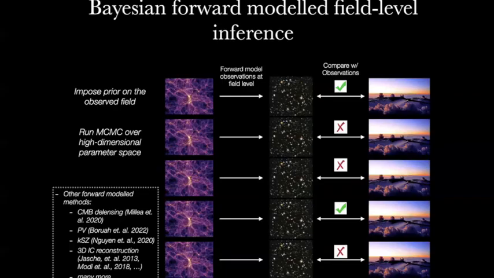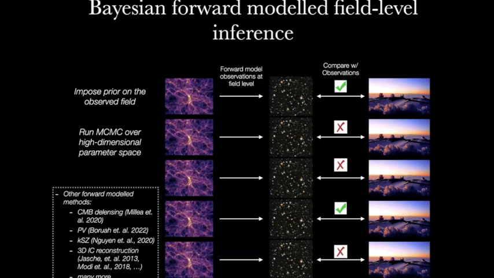So the way field-level inference works is something like the following. We start off by imposing some prior on the field that we're interested in, for example, the underlying density field that we want to infer. Then we forward model the observations that we can paint on these density fields, for example, galaxy shapes from a weak lensing survey. And then we compare what we observe from the telescope at the field level.